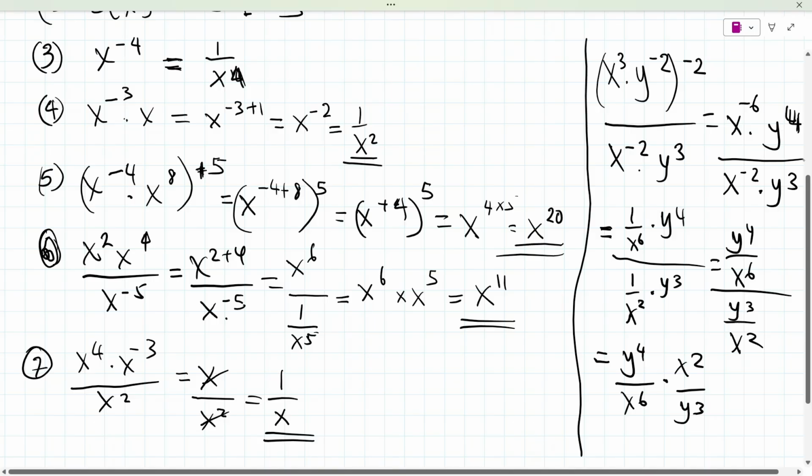So this x squared can cancel into this x to the power 6 to leave us with x to the power 4. And y cubed will cancel with this expression to leave us with y to the power 1. So finally, your answer here will become y over x to the power 4. And that would be our final answer.